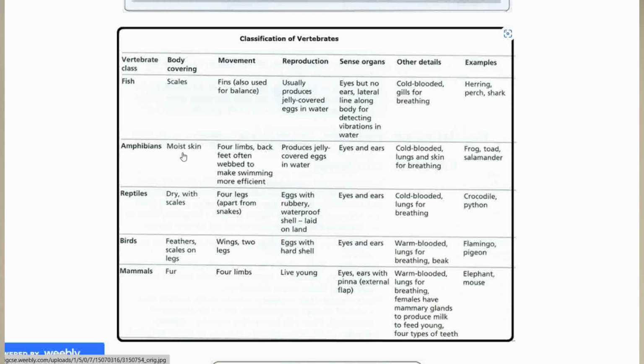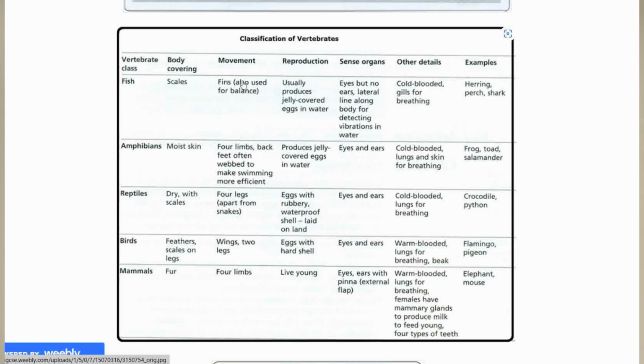They have moist skin because they also use the skin to carry out respiration. For reptiles, they have dry, scaly skin. And for birds, their entire body is covered with feathers. And for the mammals, they have their body covered with fur or skin.